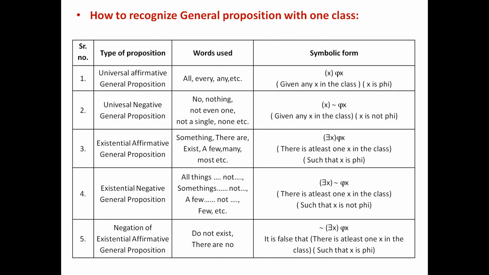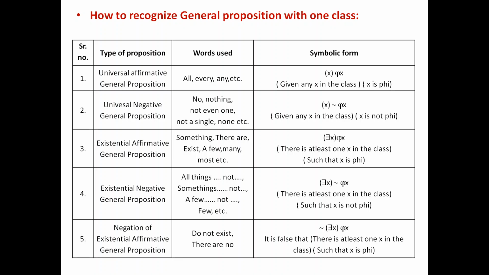Then third, suppose the words something, there are, exist, a few, many, most, etc. are used, then it is an existential affirmative general proposition, and the symbolic form will be existential quantifier phi x. It means there is at least one x in the class such that x is phi.